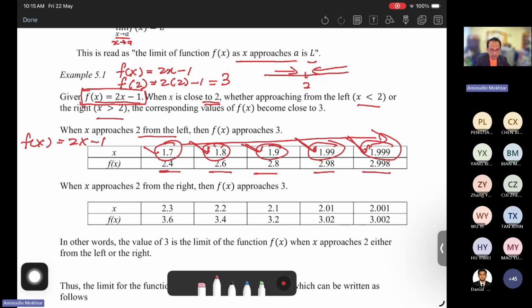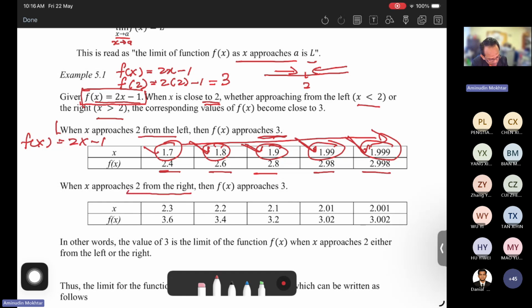Based on this first table, we can conclude that when x approaches 2 from the left, f(x) approaches 3. And now I will analyze what happens to f(x) when x approaches 2, but now from the right.